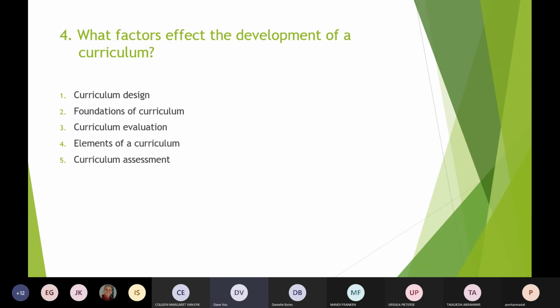Isn't that like the lesson plan, the teaching aids, the learners and teachers activities, the content and the assessments, those 5 aspects that could be included in a curriculum? That's included in a curriculum, yes. But what is the basics of a curriculum? That is the foundations of the curriculum. Dorothy, would you like to tell me what is the foundations of a curriculum?